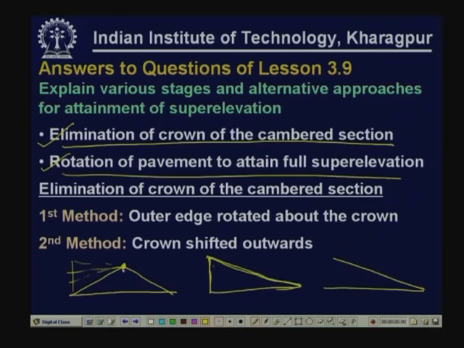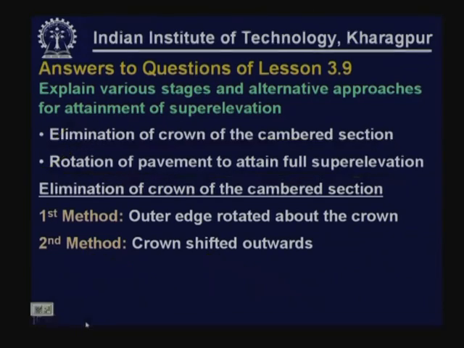So, the alternative approach is to shift the crown gradually. Here there will not be any drainage problem, but there will be negative superelevation and also the crown is shifted. So, vehicles have a tendency to follow the crown. So, it may not be very convenient considering the safety. Each method has its own advantage and disadvantage.